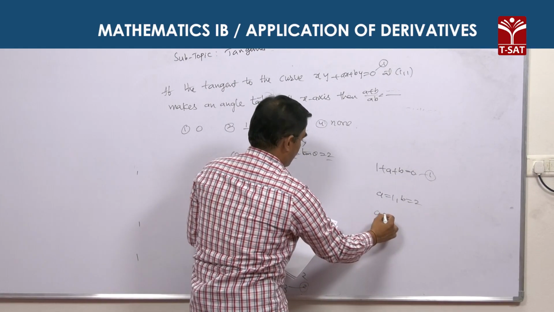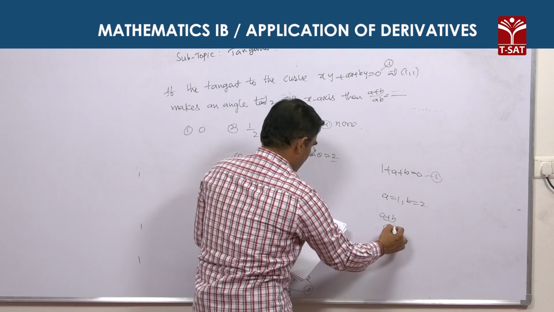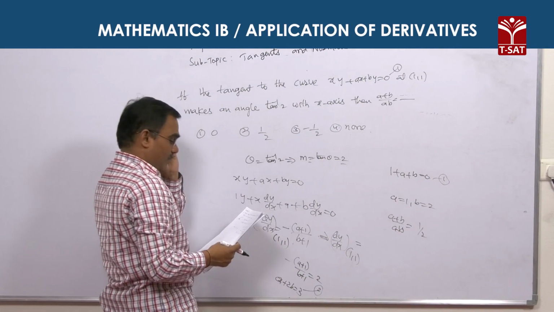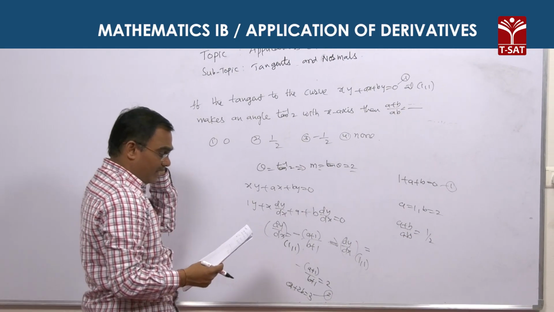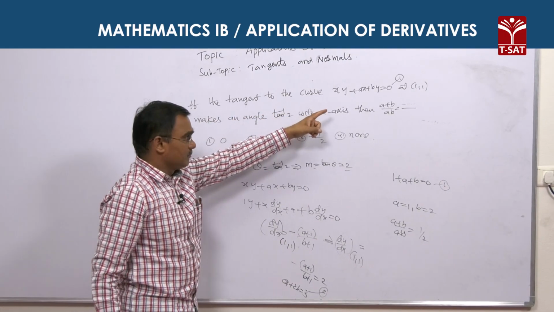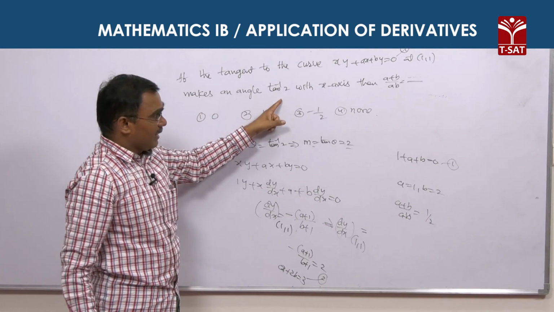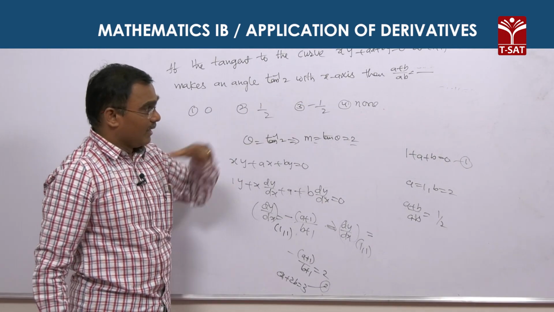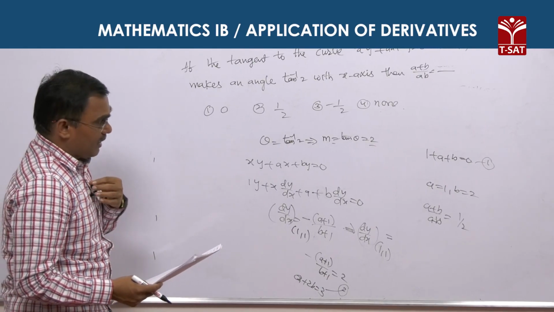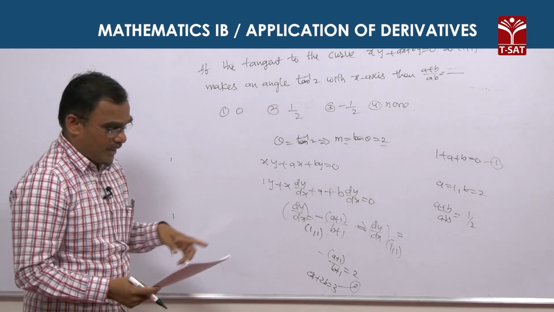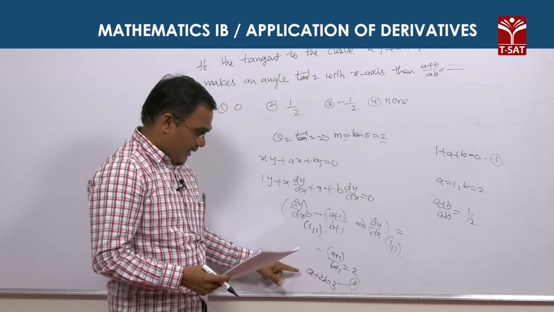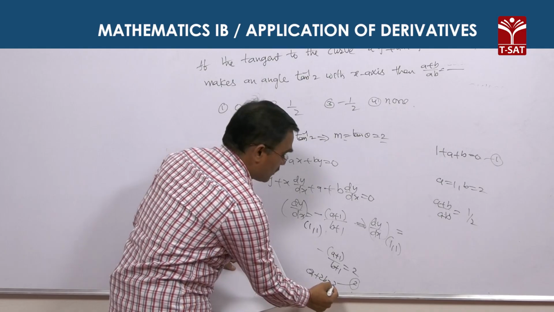So the required value a plus b by ab is equal to 1/2. The tangent to the curve at the point 1,1 makes an angle tan inverse 2, then a plus b by ab is asked. Theta is given, so m is equal to tan theta, and the slope of the curve dy by dx at the point 1,1 gives a plus 2b is equal to 3.